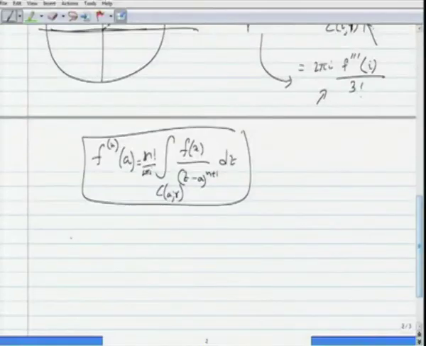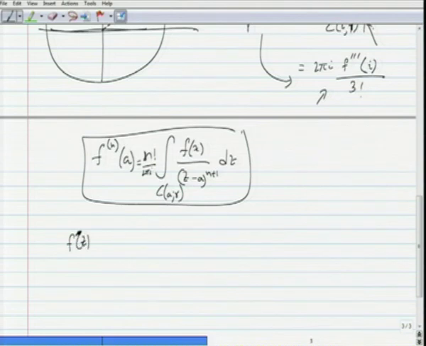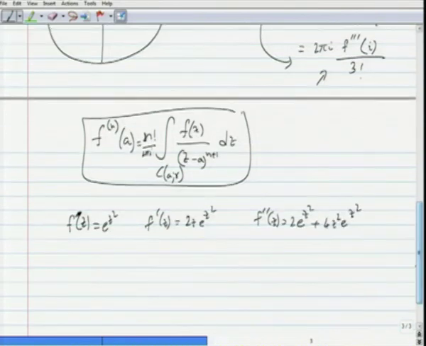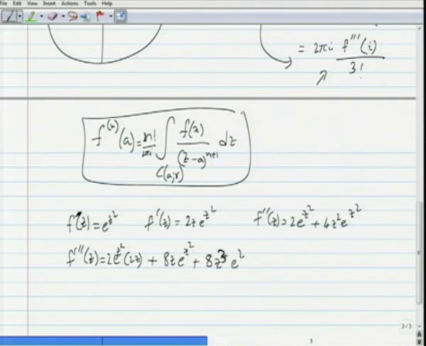So, the third derivative of f itself is easy to compute. Well, f is e power z squared, f prime of z is 2z e power z squared, f double prime of z by the product rule is 2 e power z squared plus 4 z squared e power z squared. So, the third derivative of f is 2 e power z squared times 2z, that is 4z e power z squared, plus 8z e power z squared plus 8 z cubed e power z squared.